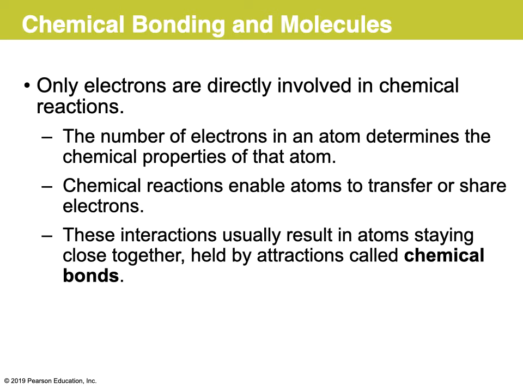Chemical reactions enable atoms to transfer or share electrons, right? So when 2 atoms are interacting with each other, either somebody's going to steal someone else's electrons or lose electrons to someone else, or they share them. And we'll talk about those 2 types of interactions because they have specific names in a moment. These interactions, either transferring electrons or sharing electrons, usually result in the atoms staying close together. And what's holding them together is an attraction called a chemical bond.